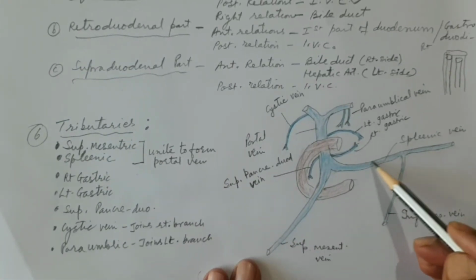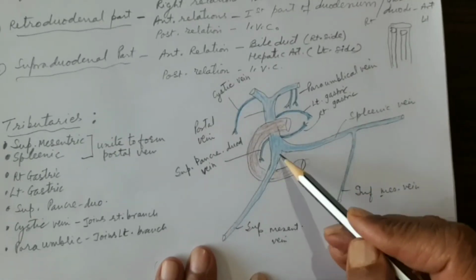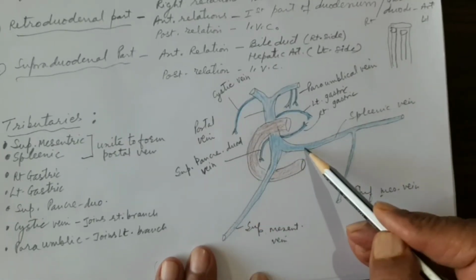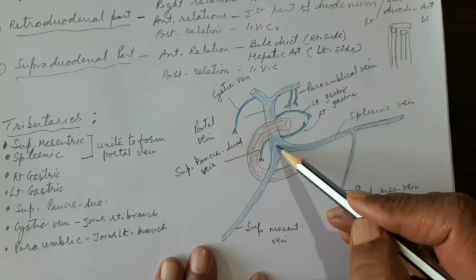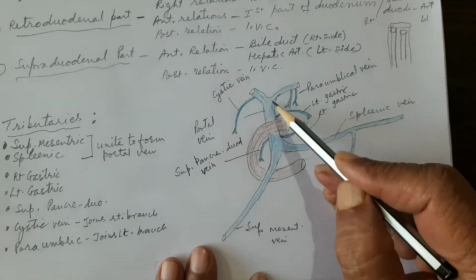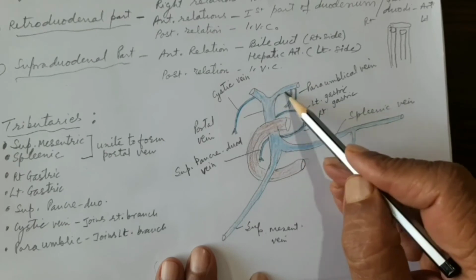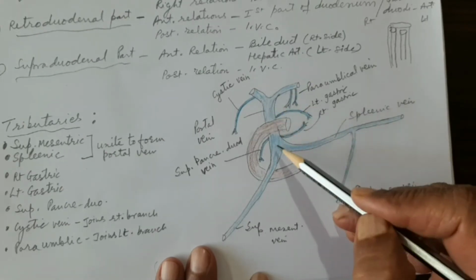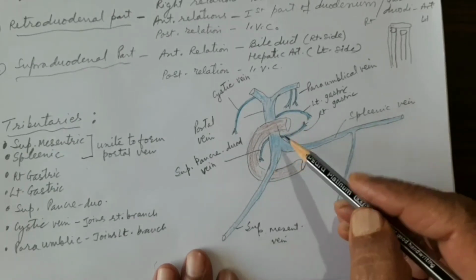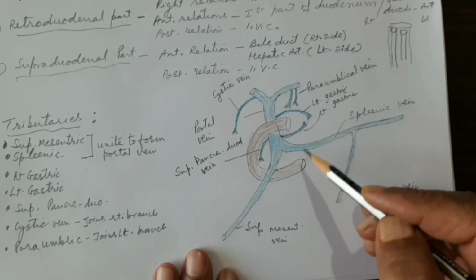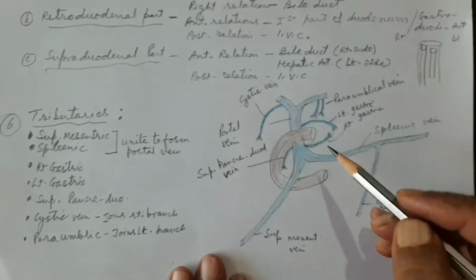See, this is the splenic vein coming, and this is the superior mesenteric vein. They unite just behind the neck of the pancreas to form the portal vein, which runs right up to its division into right and left branches. This is the portal vein, about 8 centimeters long. So these are the two important tributaries, superior mesenteric and splenic.